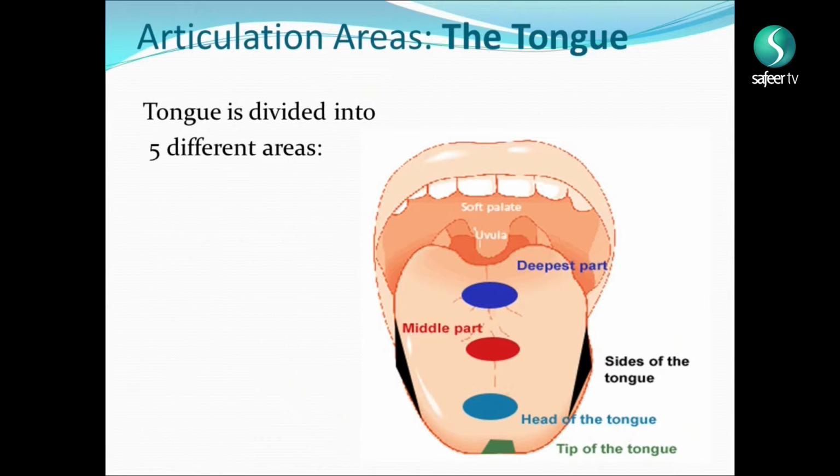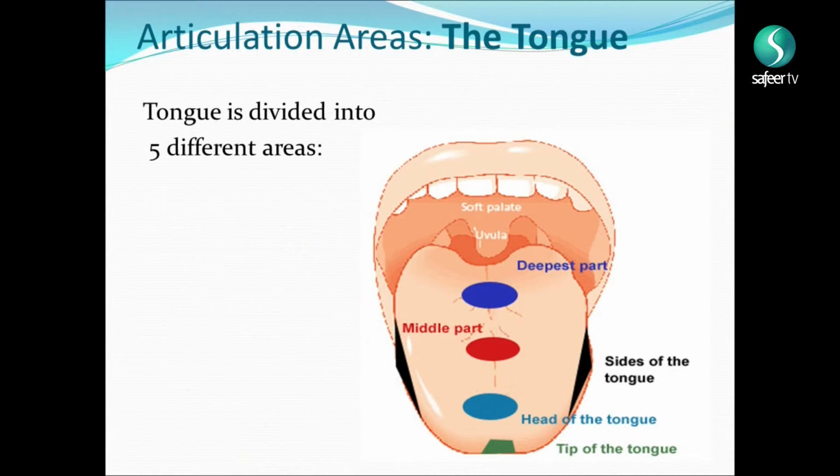In blue color, that is the deepest part. In red color you see the middle part, and in light blue, which is the head of our tongue, and in green we have the tip of our tongue, and with the black color we have the sides of our tongue.